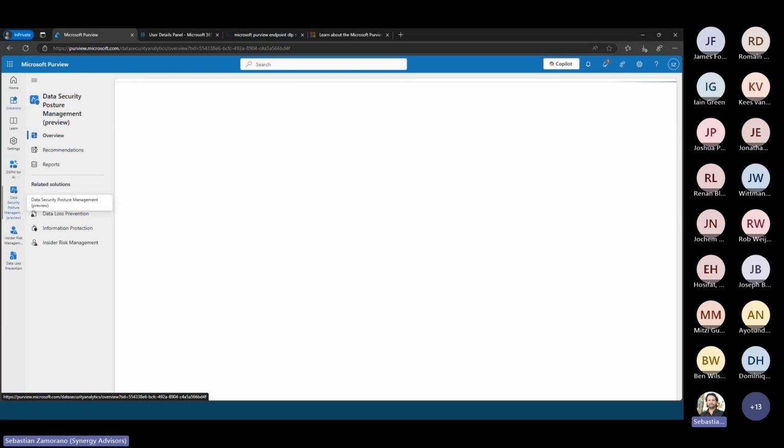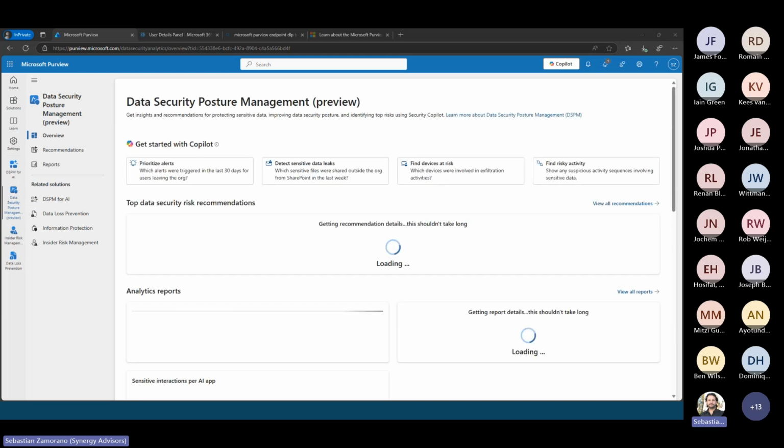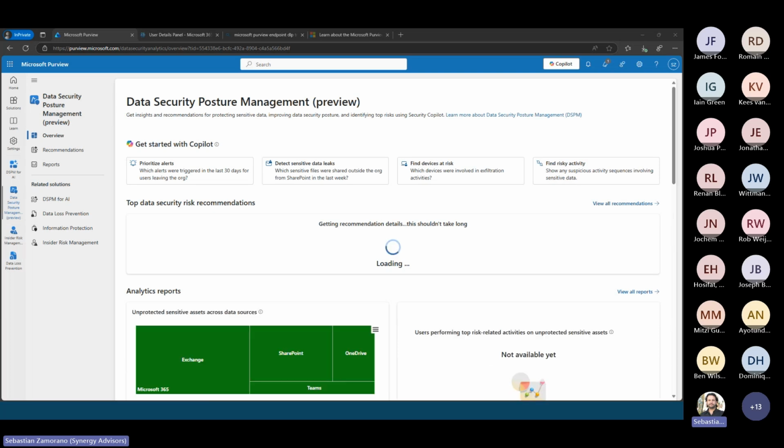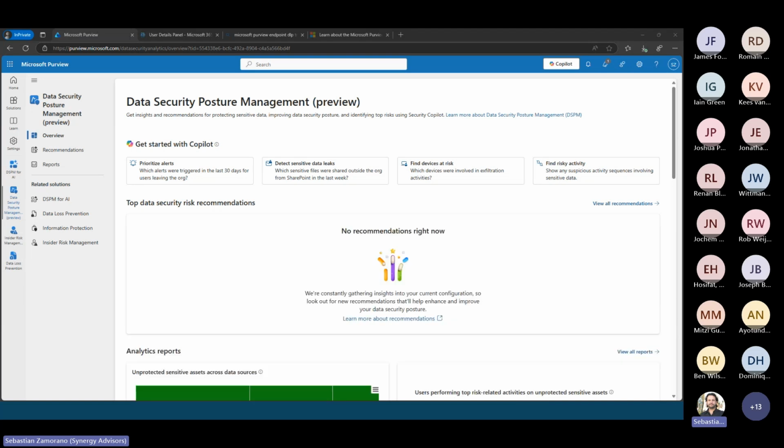I am not aware of the cost yet, James, but I understand that Copilot is around $40. I have an environment with only 5 licenses available, and that is enough to enable all this part. Having one license can be enough to start working.